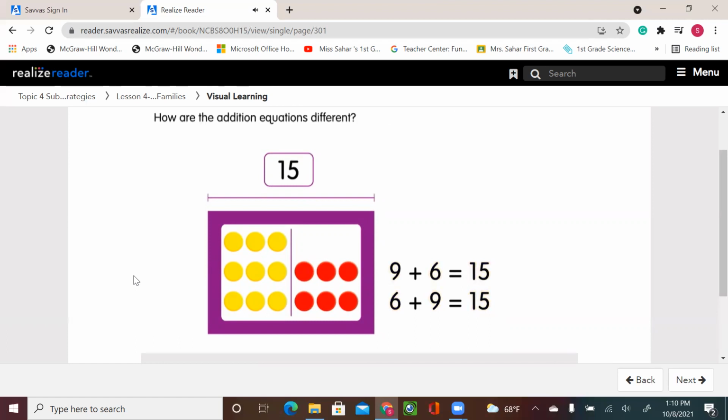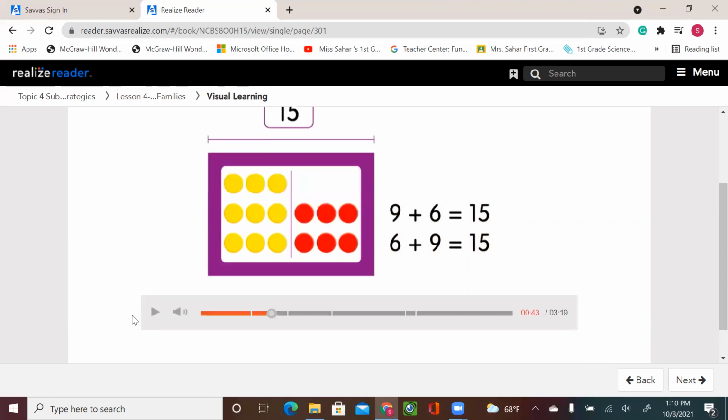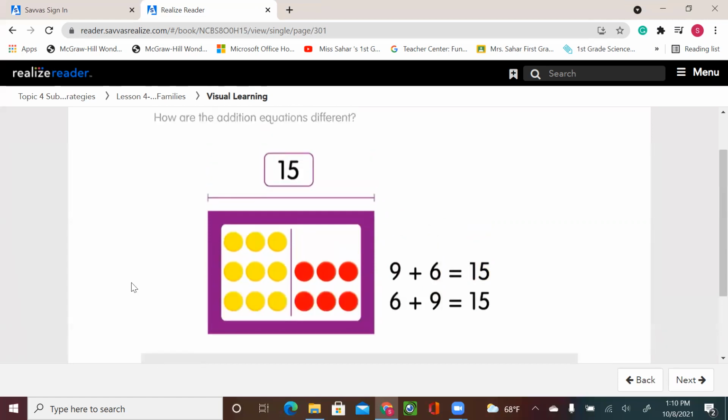How are the addition equations different? The 6 and 9 parts have switched places. Do you get the same sum or a different sum when you add the parts in a different order?